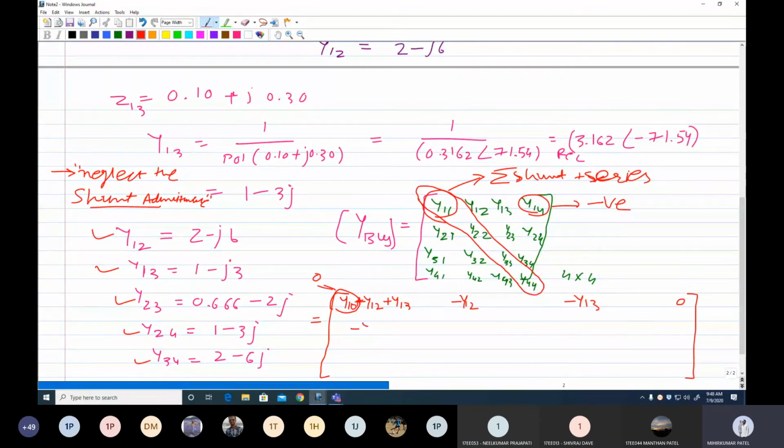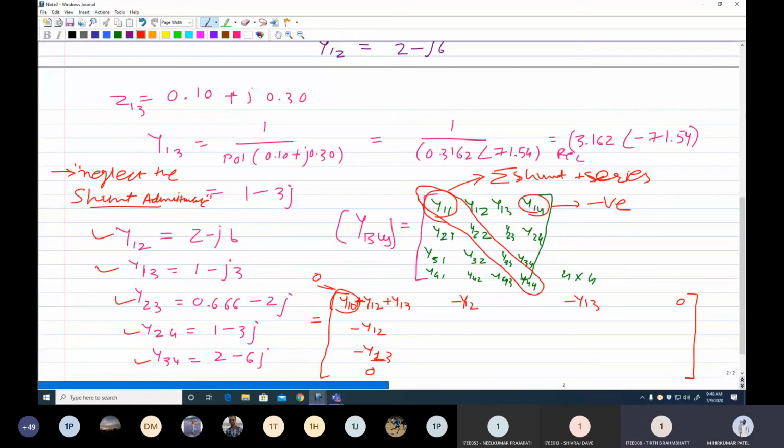We know very well it is a symmetric matrix, so we can directly write that row and column are the same. What will be the value of the diagonal element y22? y20 plus y21 plus y23 plus y24.